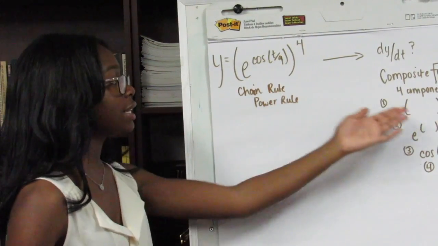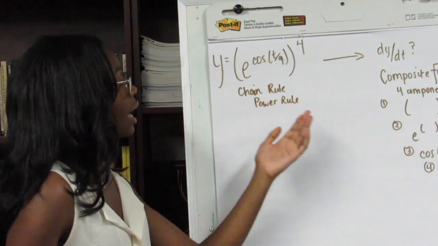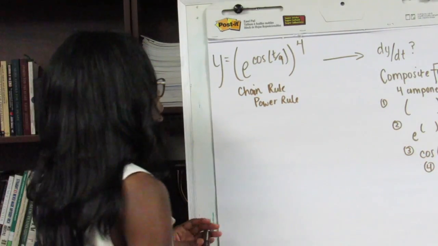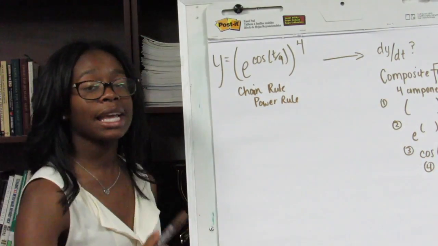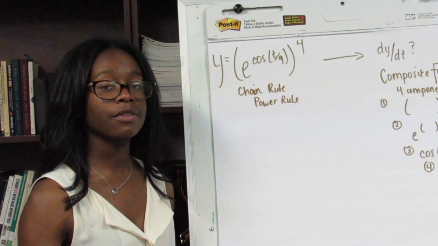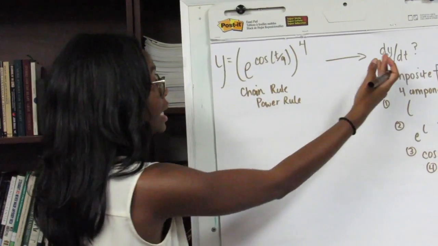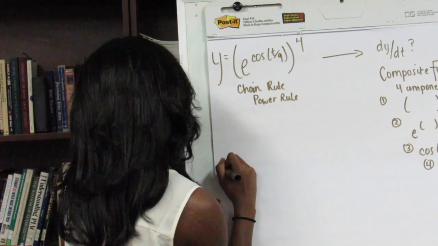Here the outermost function is something being raised to the 4th. In order to take the derivative of that, we will use the power rule. So here, as we take the derivative, we must take the derivative of both sides. The derivative of y with respect to t is equal to dy over dt.